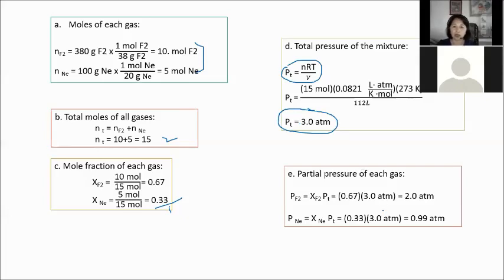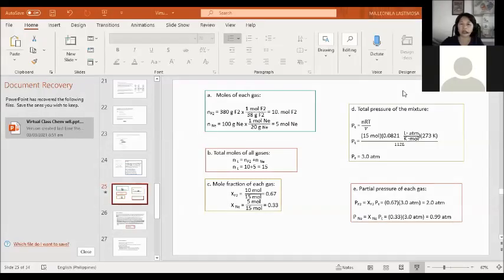For the partial pressure of each gas, we know that the mole fraction of F2 is 0.67 and of Ne is 0.33. We have to multiply that by the total pressure of the mixture of gases. So finding the partial pressure of each gas.